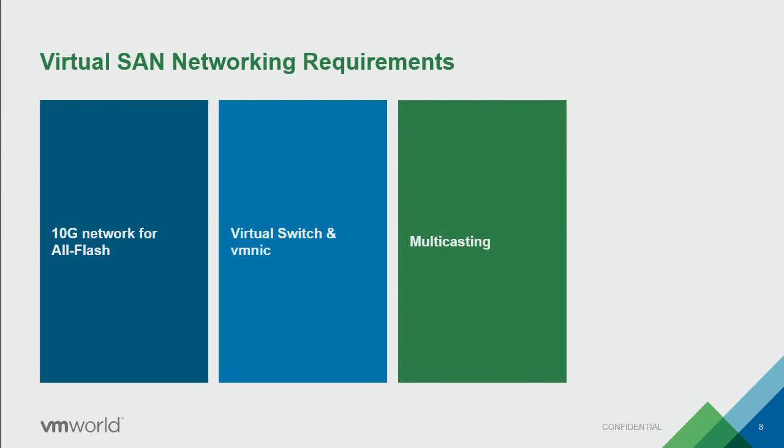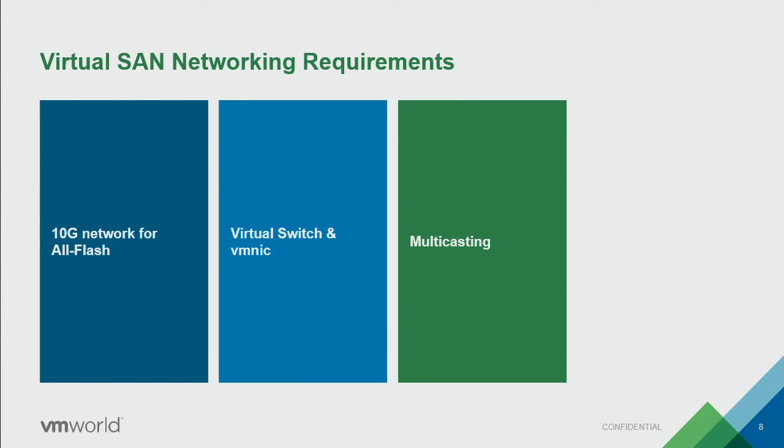All right, so we talked about multicasting. We looked at the communications that use multicasting, the metadata information. So why do we use multicasting, right? Think about it. All the nodes are talking metadata between each other, and if we did unicast, this would be a lot of duplicates. Not only would that cause CPU overhead on the host, but also network overhead within the cluster network.